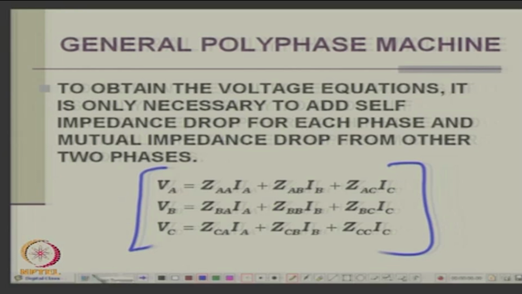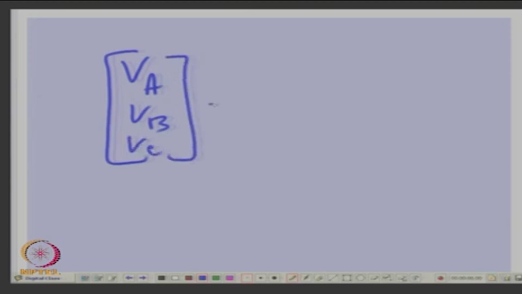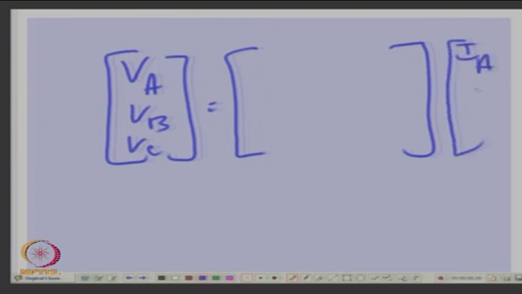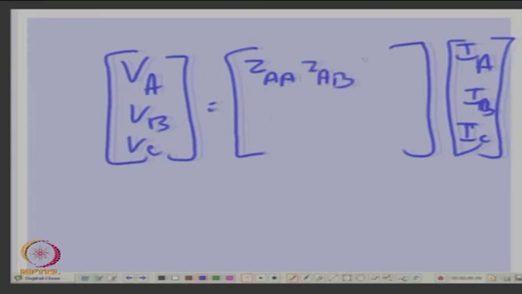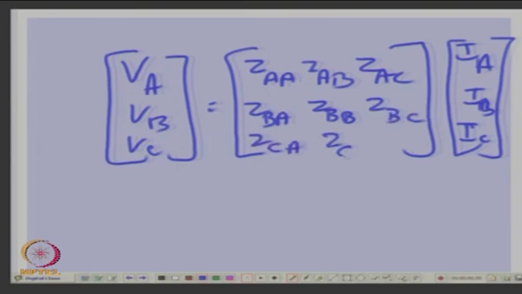So, we have said that VA, VB, VC in the 3 windings, with the currents IA, IB, IC, we define as ZAA, ZAB, ZAC, ZBA, ZBB, ZBC, ZCA, ZCB, ZCC, is it?